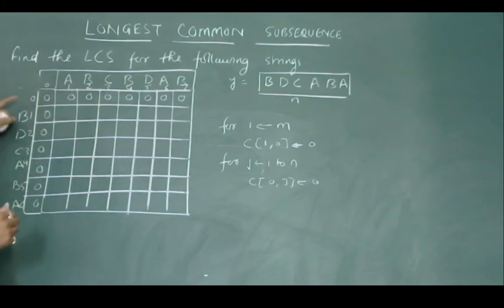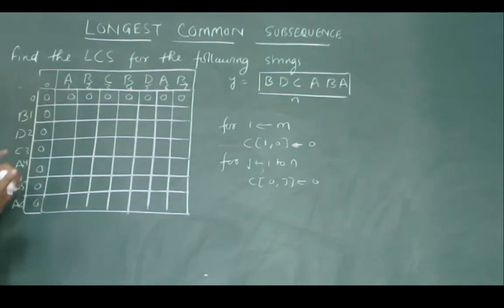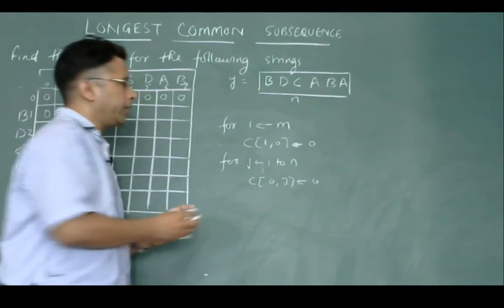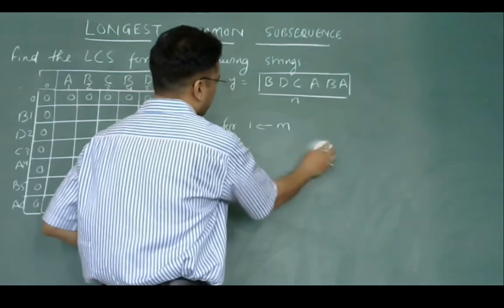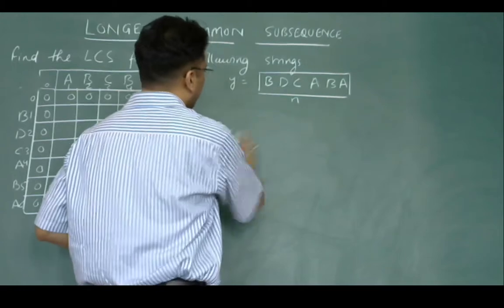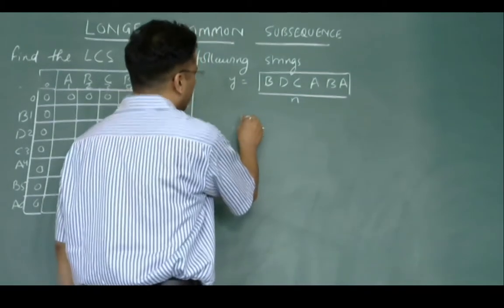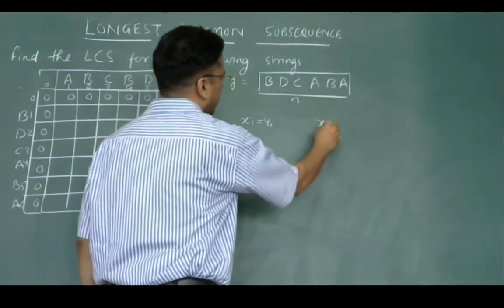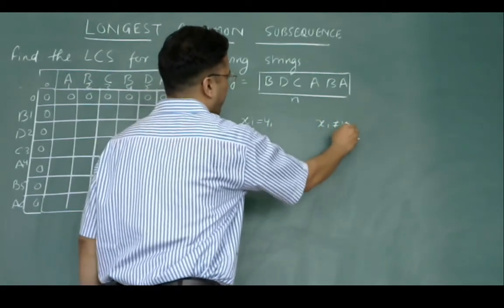So here I have placed all these symbols as 0. Now we shall fill the remaining places. For filling the remaining places, the rule depends on the condition whether x_i is equal to y_j or x_i is not equal to y_j.